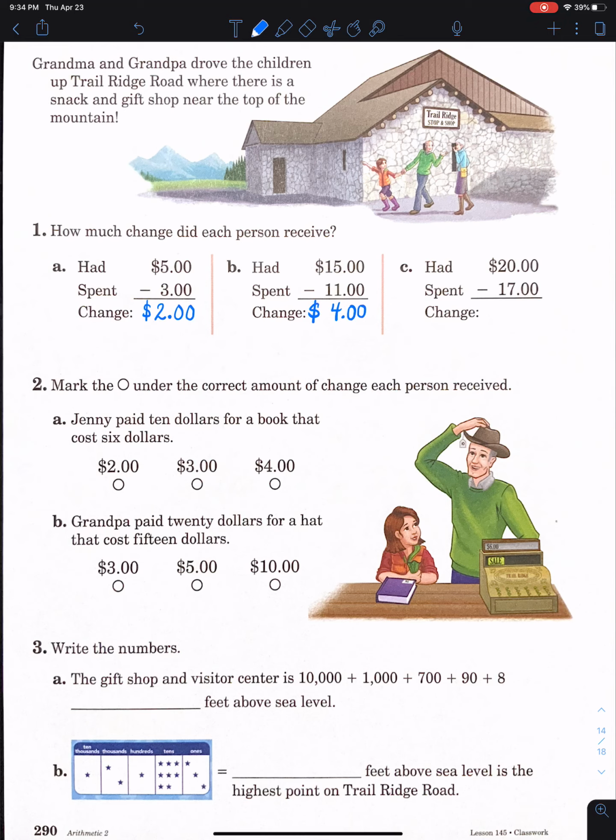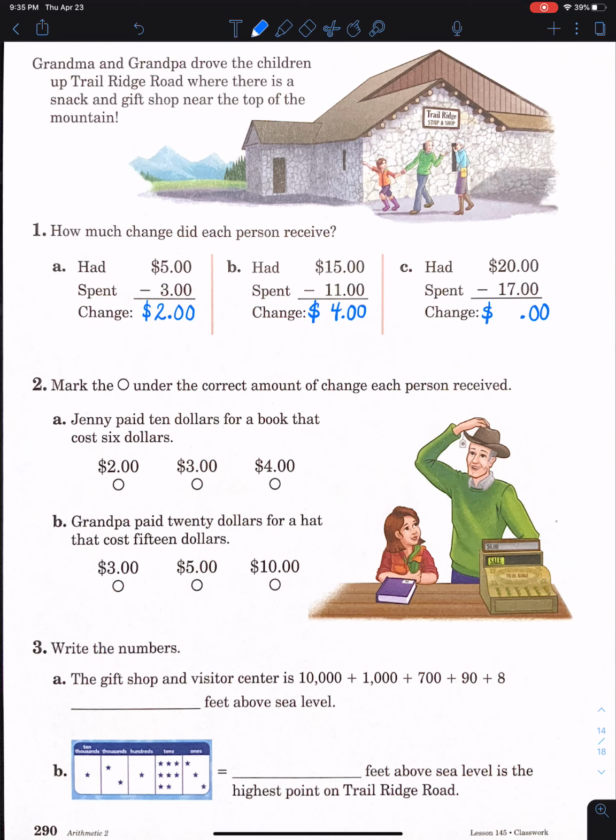All right, the last person had $20 and spent 17. I wonder what they bought. Well, if you spent $17 and you gave the cashier 20, how much change would you get back? You can probably figure that out in your head, 20 minus 17, but let's follow the steps.